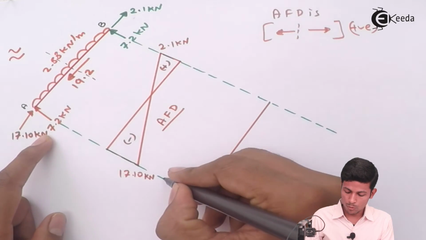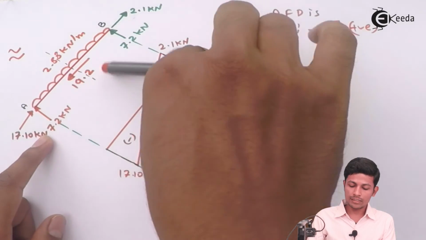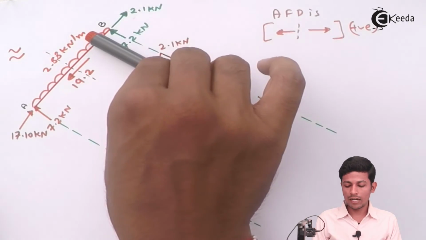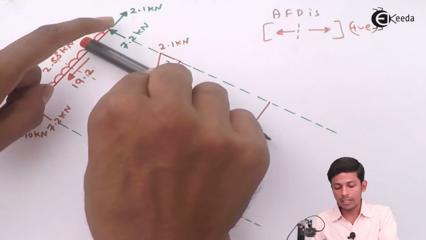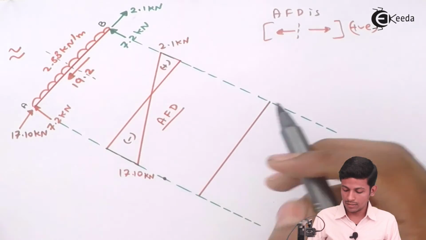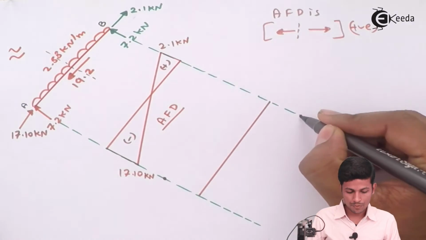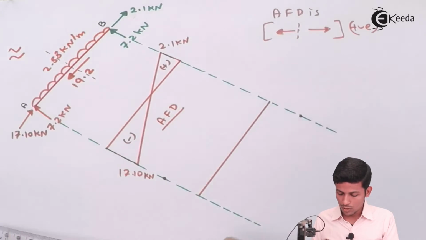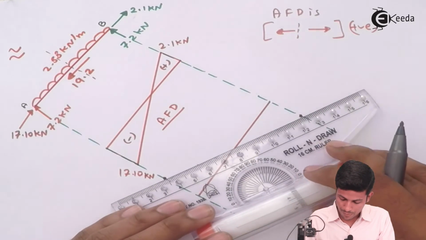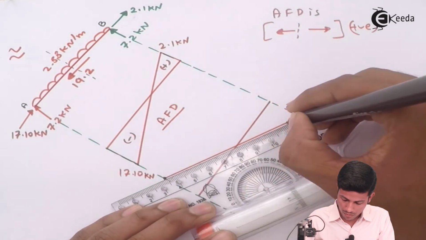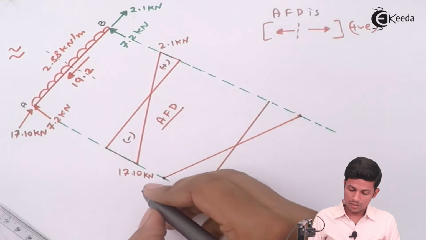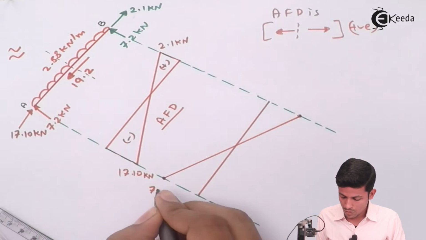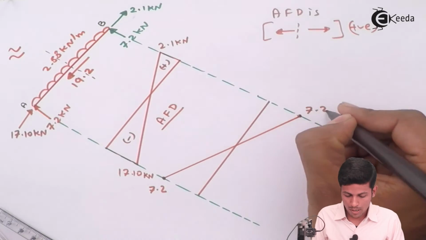Positive 7.2 comes over here, and when we are taking a section over here, just left, and seeing the right side, only 7.2 comes, which is minus, will come over here. Okay, now join both. This is 7.2 plus, and this is 7.2 minus.